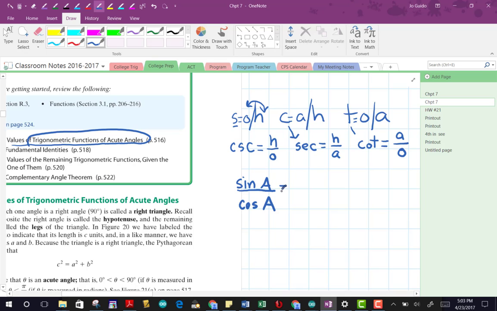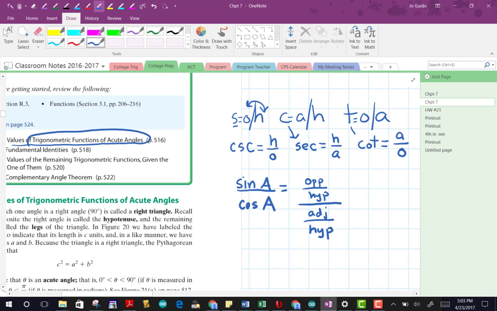If we look above, we know that sine is equal to opposite over hypotenuse. And I want to divide that by cosine, which is adjacent over hypotenuse.